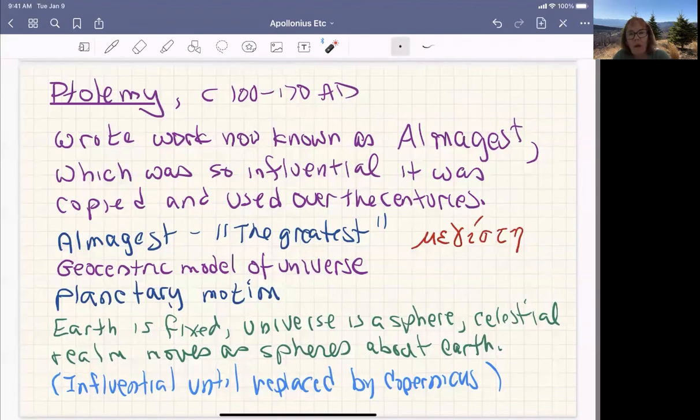And so the reason why it's called Almagest is because this is the name given to this work by Arabic mathematicians. And we'll see later what role the Arabic mathematicians played in the story of not only the development of mathematics, but why so many ancient works were preserved until today.